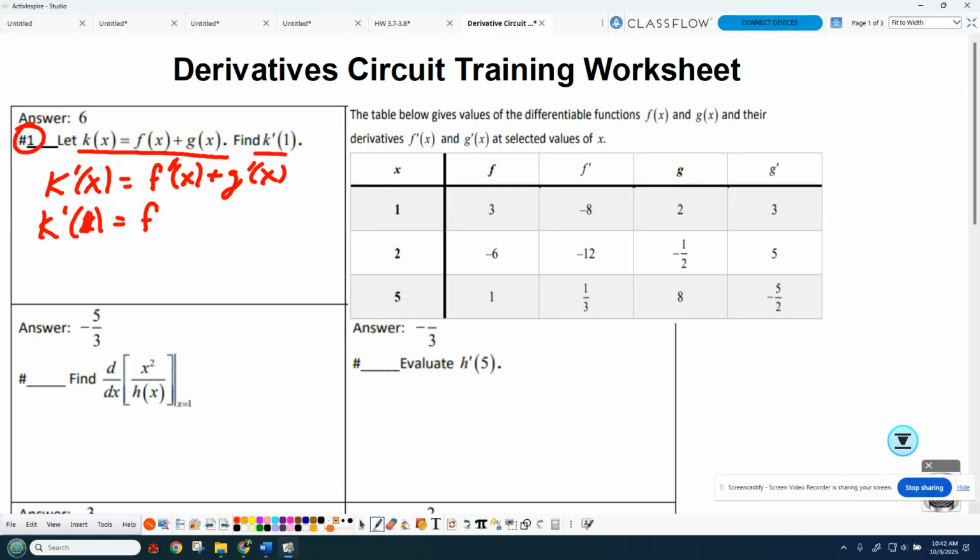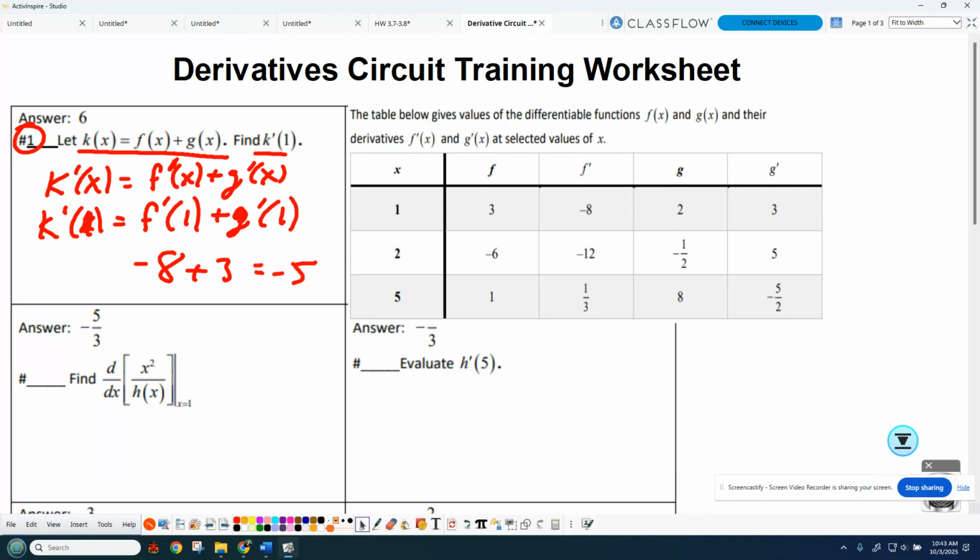And now K prime of 1 is F prime of 1 plus G prime of 1. So what is F prime of 1? Negative 8. Just pulling it out of the table. G prime of 1? 3. So we get negative 5.